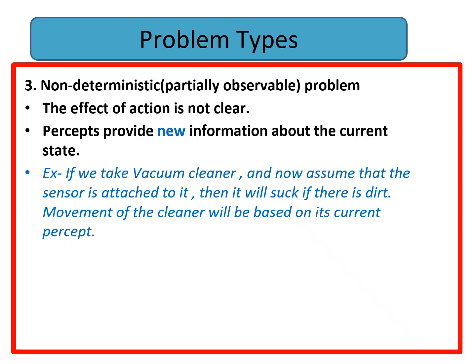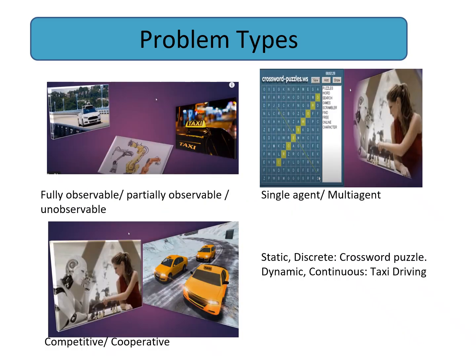So this is about it. Fully observable, partially observable and unobservable have good examples: a single-agent fully observable, partially observable in a self-driving car, and a robot picking an obstacle. Single-agent and multi-agent: playing chess with a player or a robot. Competitive and cooperative also have examples.